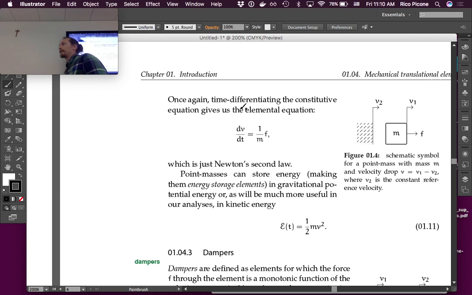Velocity and force. Acceleration is related to velocity, but we take velocity and force as our power flow variables, because recall that the power in a translational mechanical system is just equal to the product of the force and the velocity. So that's why.